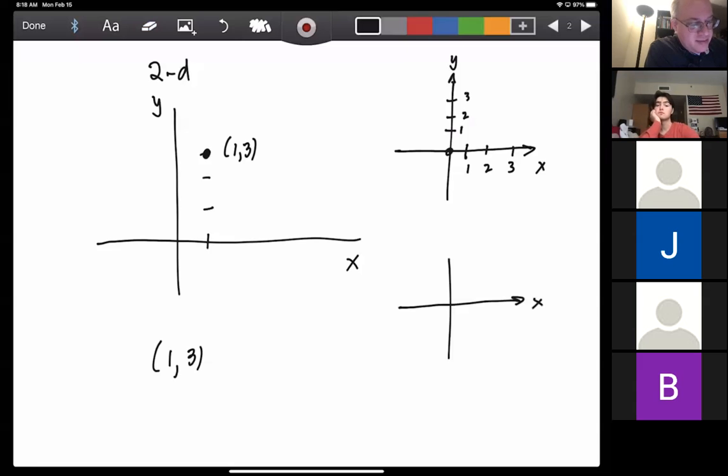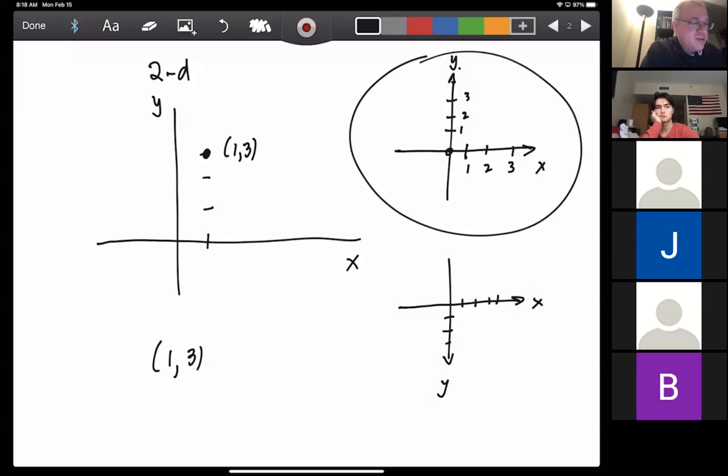You could, in principle, make down the positive Y direction instead of up. And there's no particular reason that one of these is better than the other. It's tradition, or it's a standard convention that this is the way we orient the axes, and we use our coordinate system corresponding to this orientation of the axes for the 2D plane.